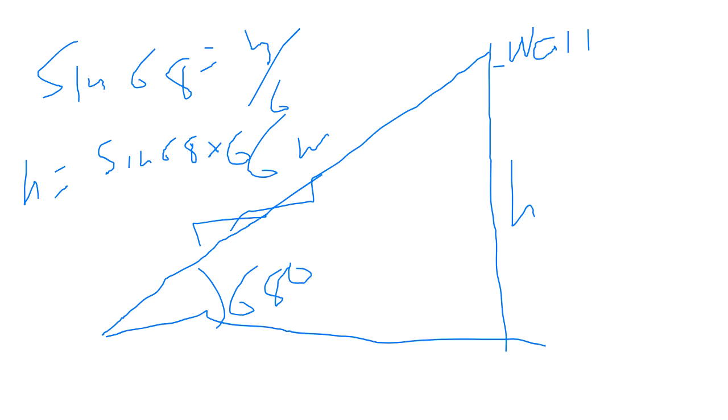Now let's look at the next question. The next one says that a square has a diagonal of length 8.5 meters. How long is one of its sides?